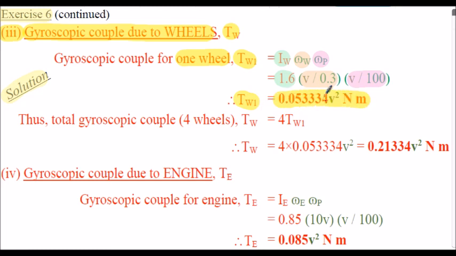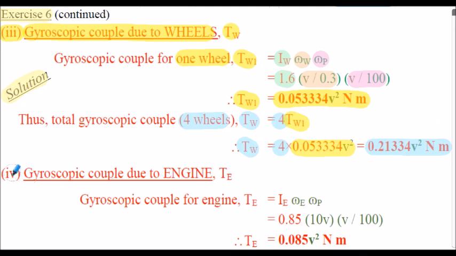Just note for reference we have v multiplied by v in this line, hence the v squared term in this line, and then simply multiplying by 4 to find the gyroscopic torque for 4 wheels. Again, inserting the values, TW is given here, again in terms of v squared.